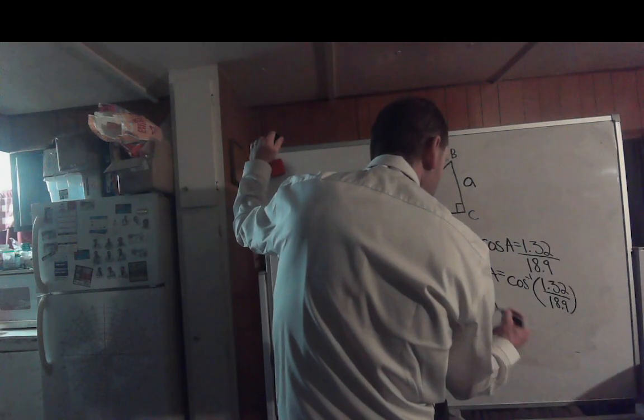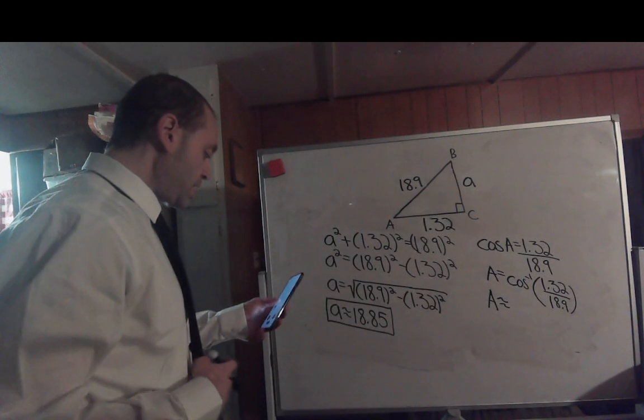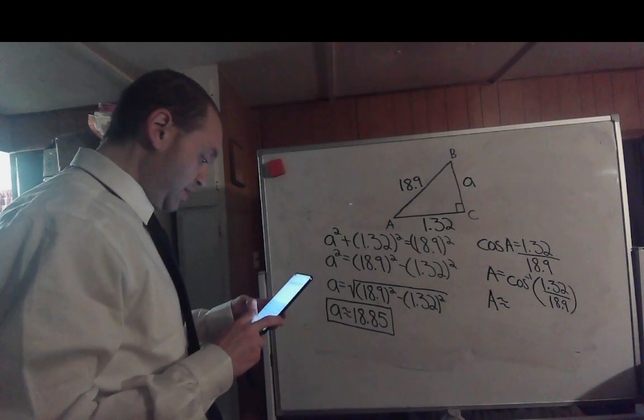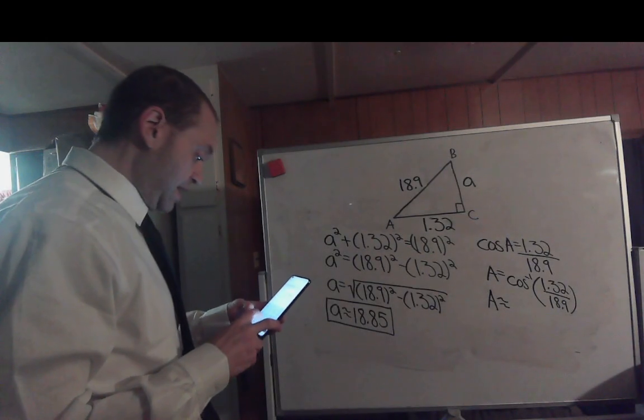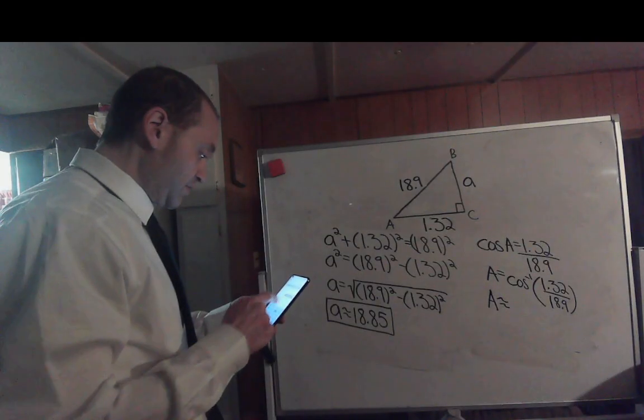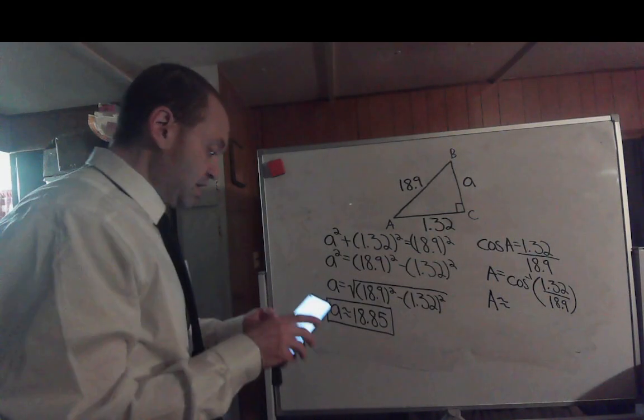And then we should be able to get a 2 decimal place approximation for the angle. Okay, so 1.32 divided by 18.9. Now let's take the cosine inverse of that answer. You get approximately 86 degrees.